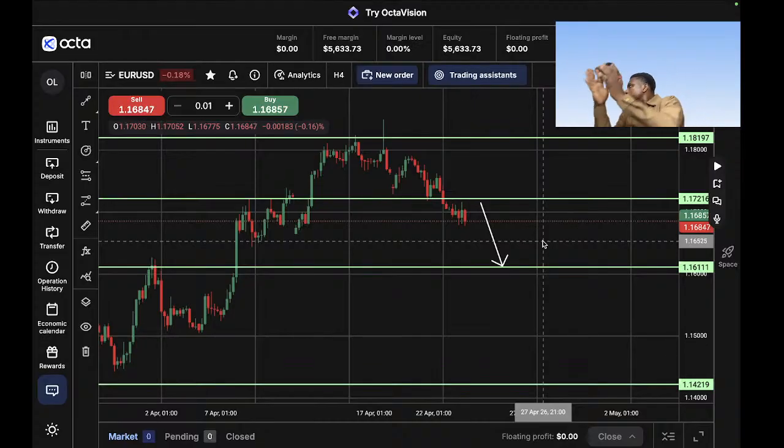Lucy, Ryder, Maikayo, what do you think price will do at this level?